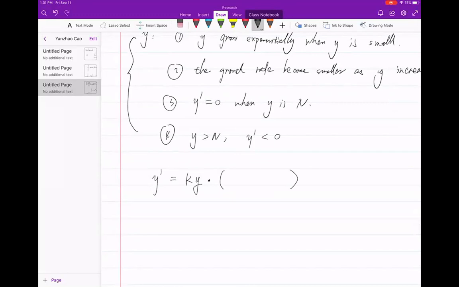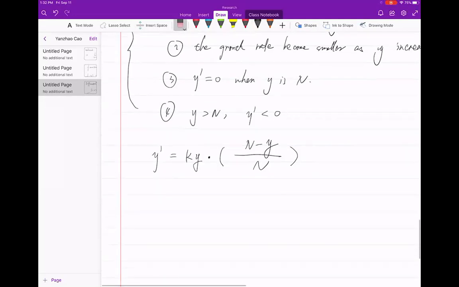Number 1, this number should be positive when y is less than N, and negative if y is bigger than N. So there should be an N minus y here. All right, and then we just divide it by N to make it a rate. And then we simplify a little bit. We have something that looks like this.